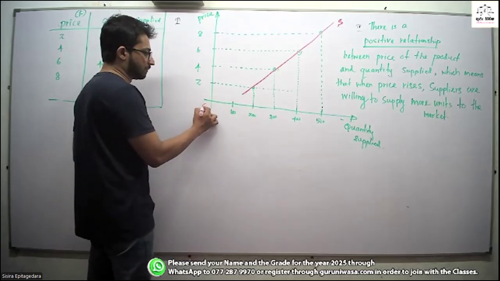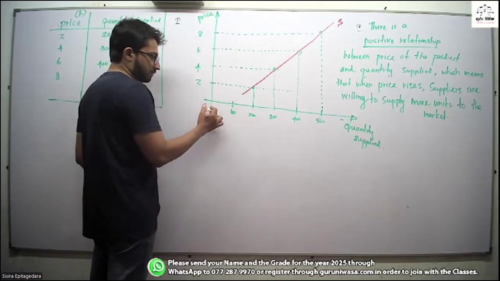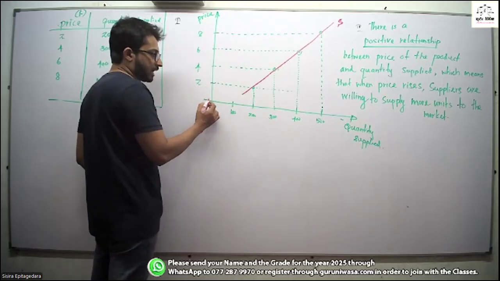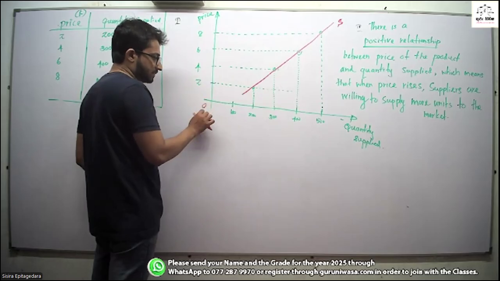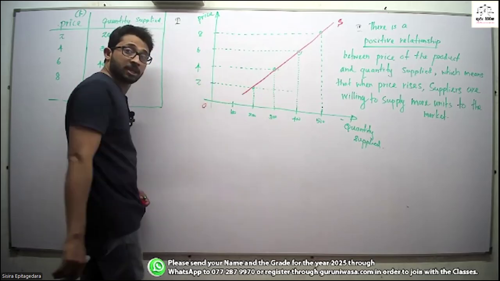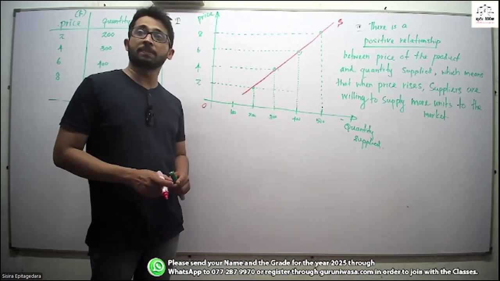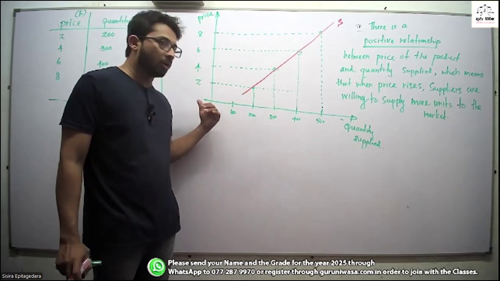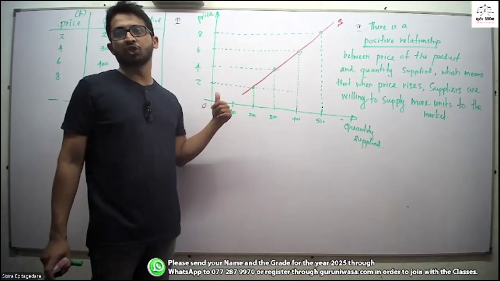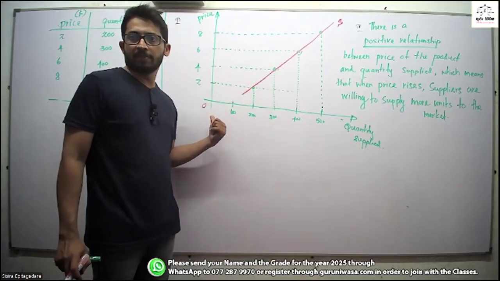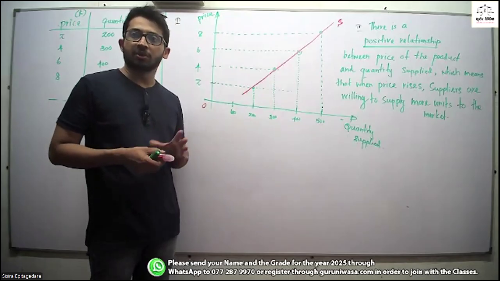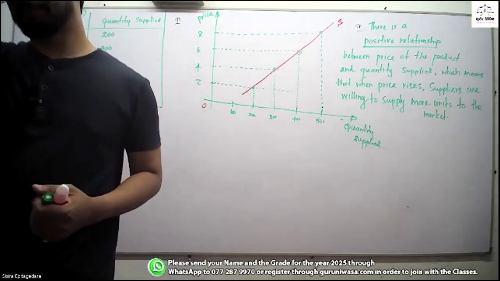Origin means 0, the point where price axis and quantity supplied axis intersect. Previous supply curve, in example number 1, goes up through origin. Here, it does not touch the origin. Remember.